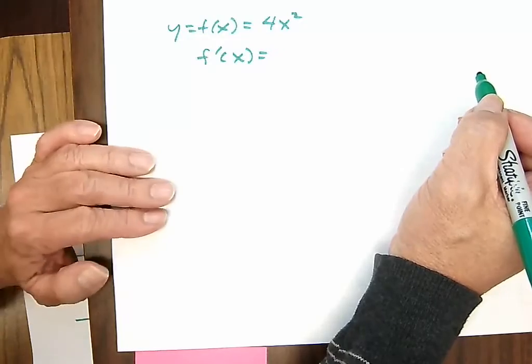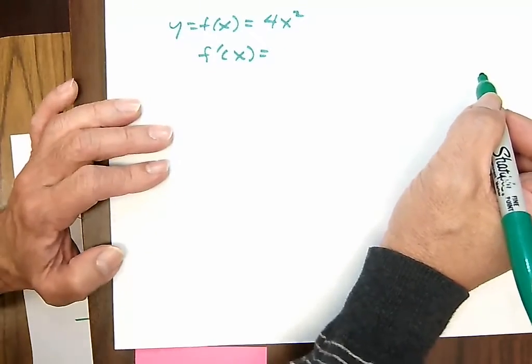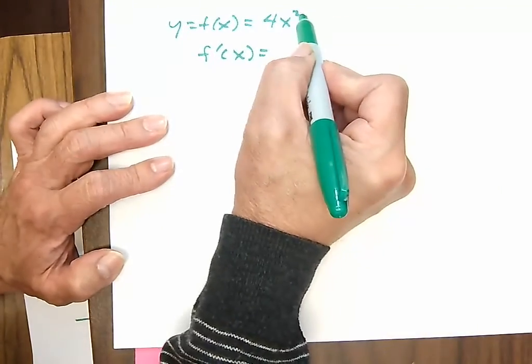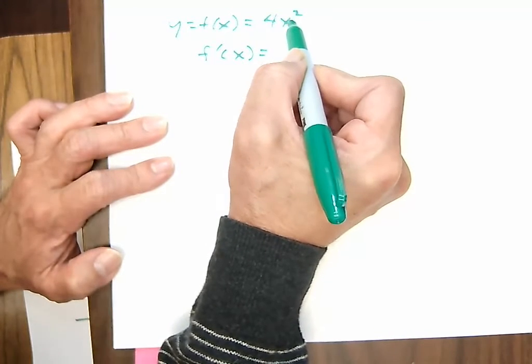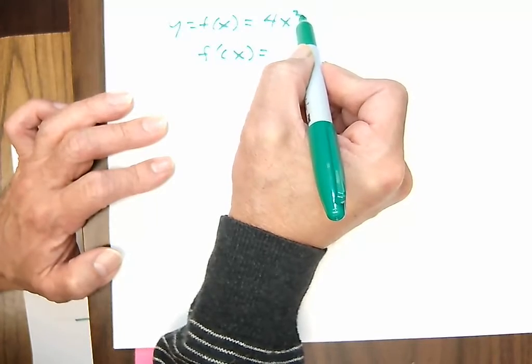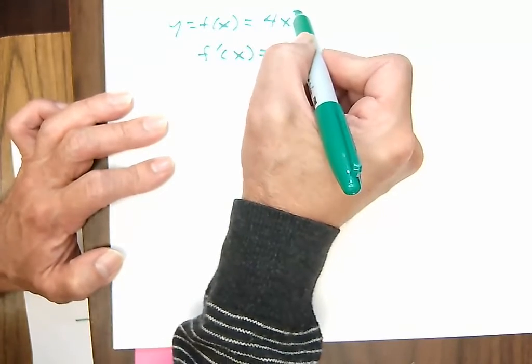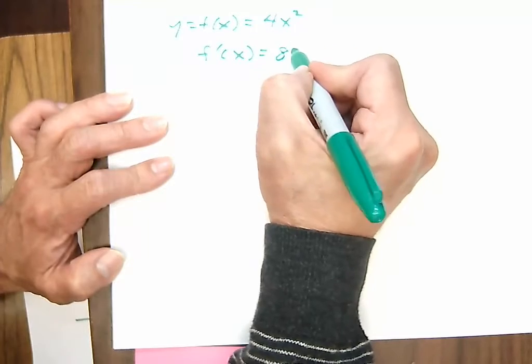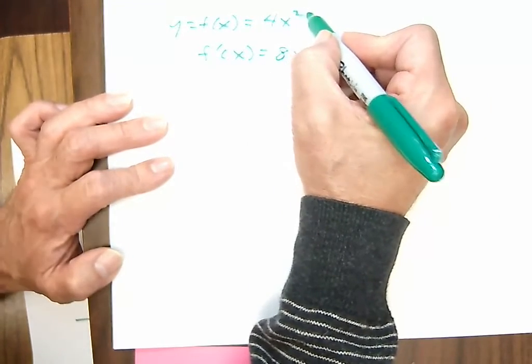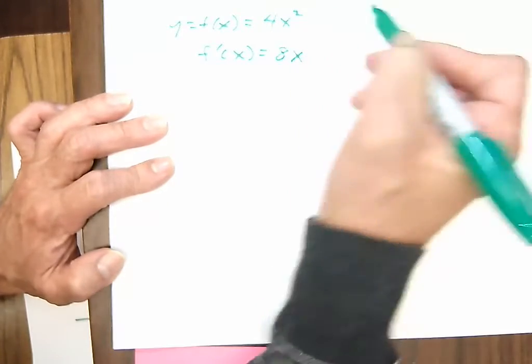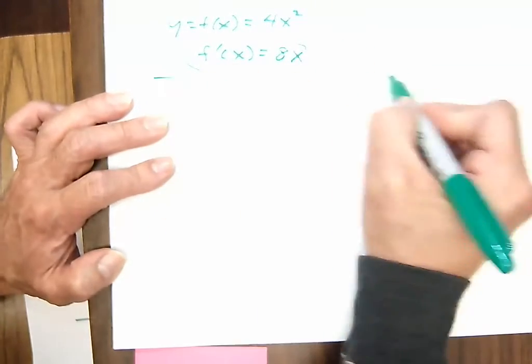And one way to get that answer, a shortcut way of getting it, is to take the exponent of x, multiply it by the coefficient of x, and then rewrite x and reduce the exponent of x by 1. So we go 2 times 4 is 8, times x, reduce the exponent of x, which is 2, by 1, so 2 minus 1 is 1. It's just 8 times x to the first power, or 8x.